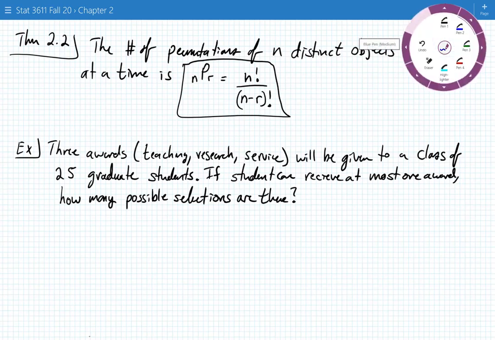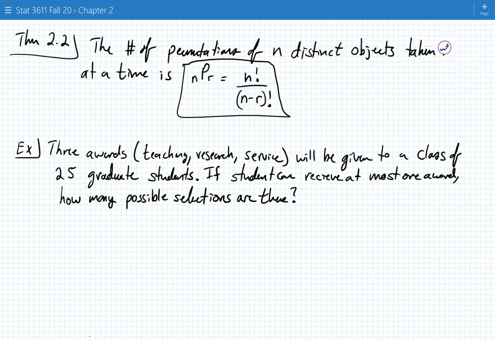Well, there are 3 awards, and they will be given to a class of 25 students. All right, so essentially, we need to pick 3 students from the 25 to get the awards. So this is literally just 25P3.